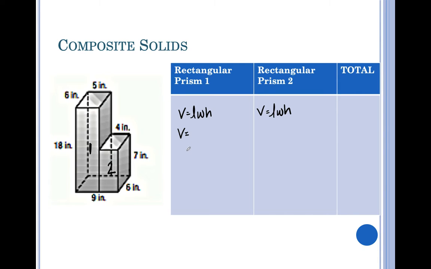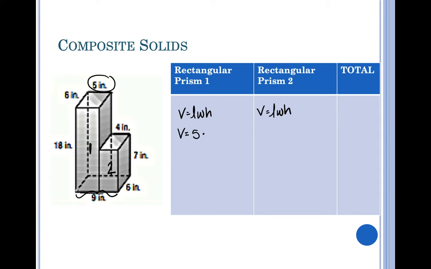In rectangular prism number 1, the length of the prism is 5 inches. If you look at the bottom, 9 inches represents the length of both rectangular prisms combined. So we actually need to look up at the top to get the 5 inches, which is the length of rectangular prism number 1.